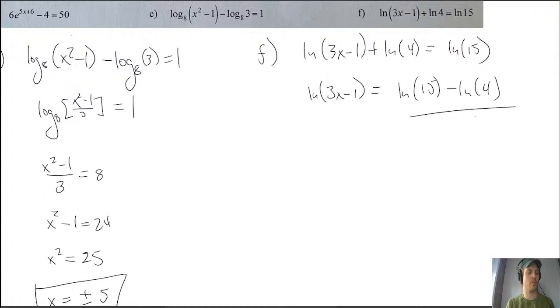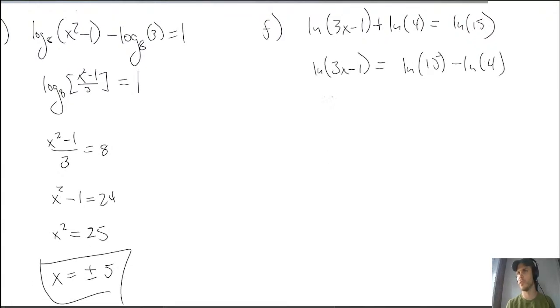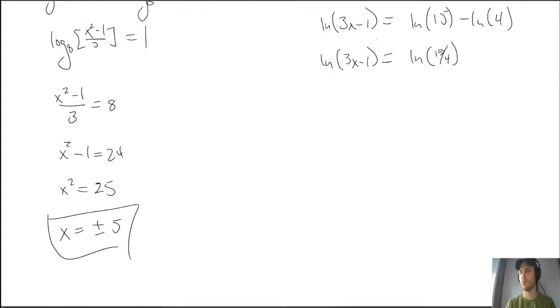I'll use the difference to quotient rule there. And then each side will be the power of e, so it's like e to the log of whatever, so those cancel. And it'll cancel over here as well. Then we're going to add 1 and divide by 3.